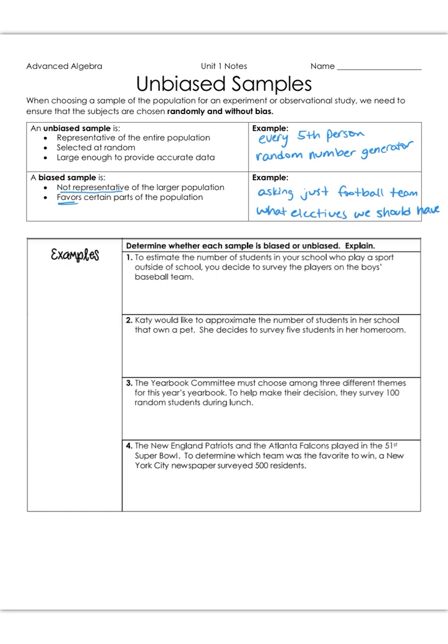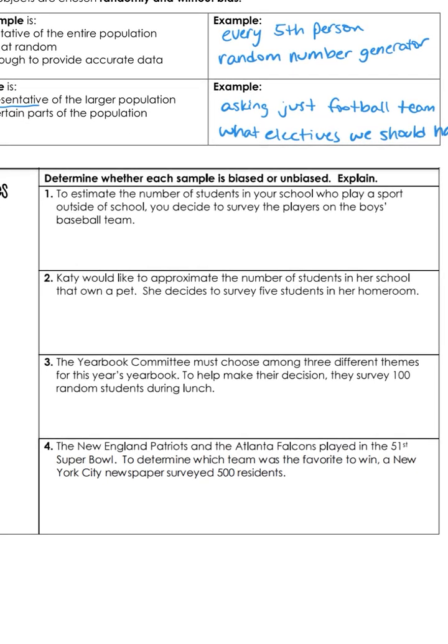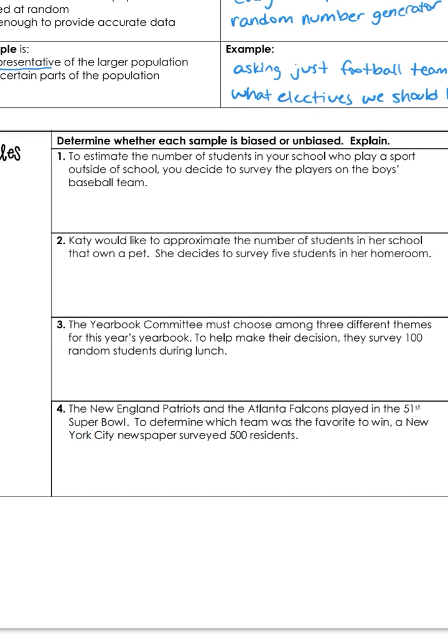So here we're going to talk about whether these examples are biased or unbiased. To estimate the number of students in your school who play a sport outside of school, you decide to survey the players on the boys' baseball team. Well, we're going to call that biased. The reason is because we're only asking the boys' baseball team, and we already know they probably play a sport.